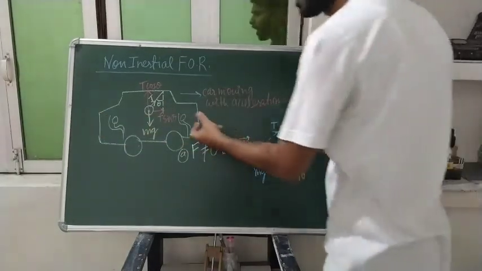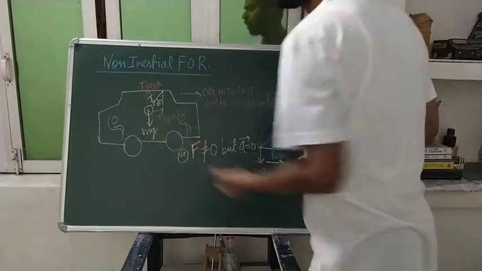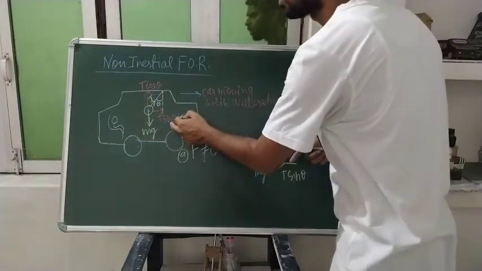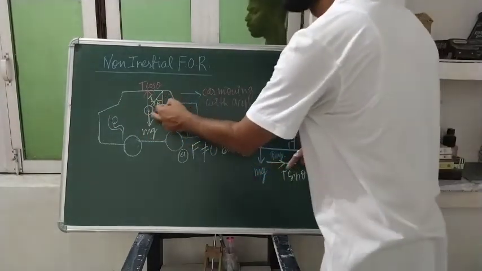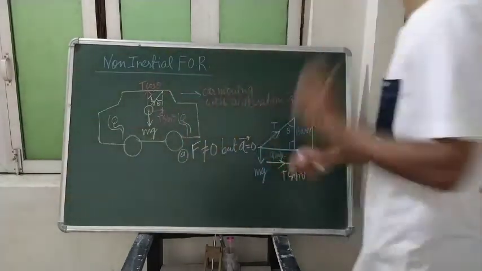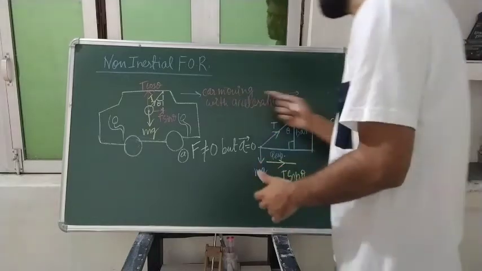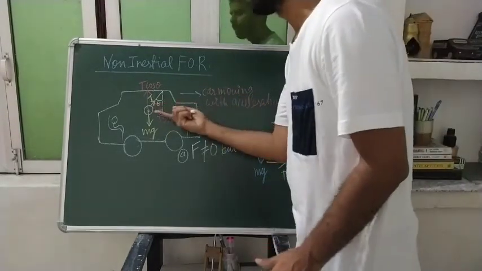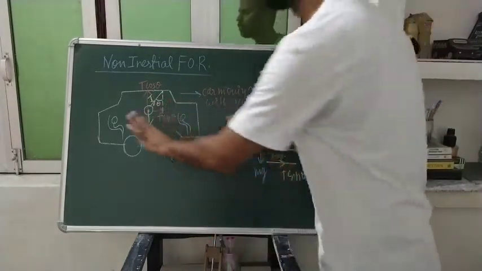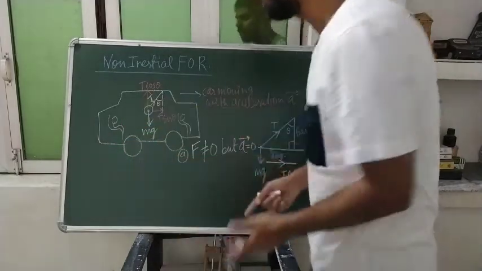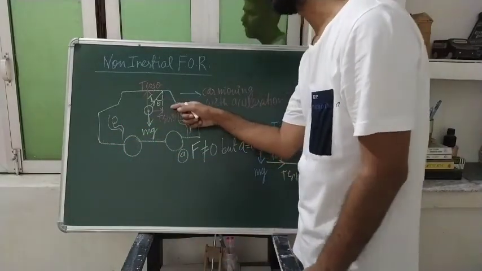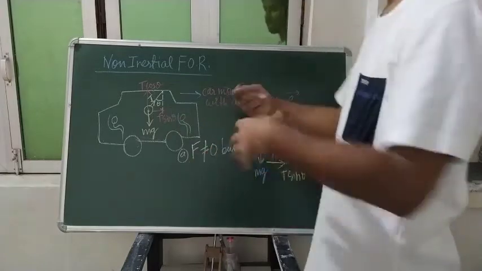So when you apply the force to make this force equal to 0, that bob will start accelerating. Means when it is accelerating, making this angle, no force you are applying, still a net force is acting on it and that bob is not accelerating.